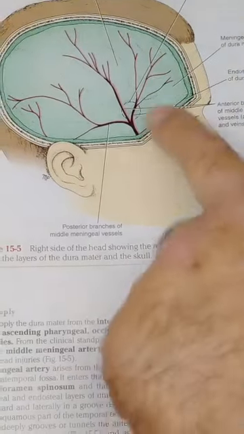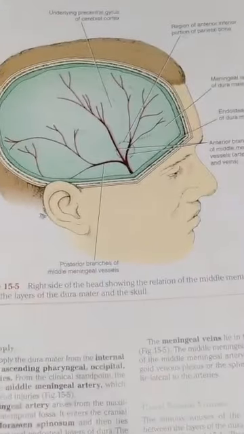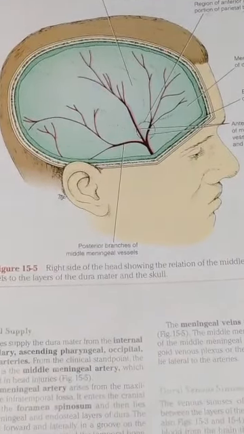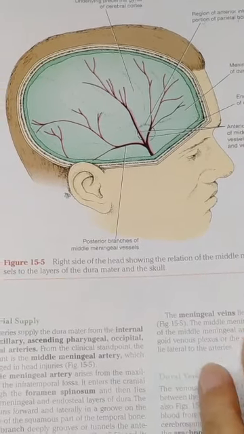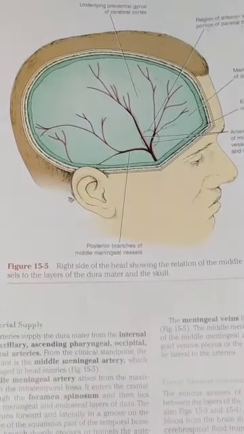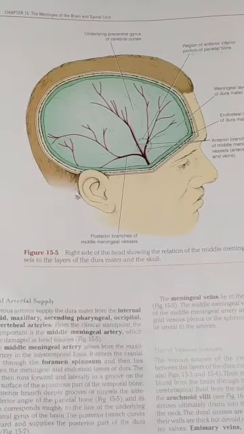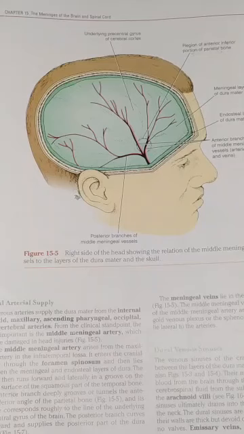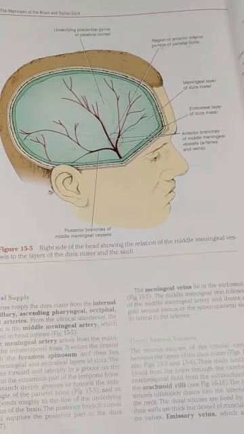This artery can rupture if there is a blow at the side or the temporal side of the head. Examples are boxers fighting with each other. A blow on the frontotemporal side can cause rupture of the middle meningeal artery. Being an artery, there is massive bleeding inside, or hemorrhage. The hemorrhage is called extradural hemorrhage.